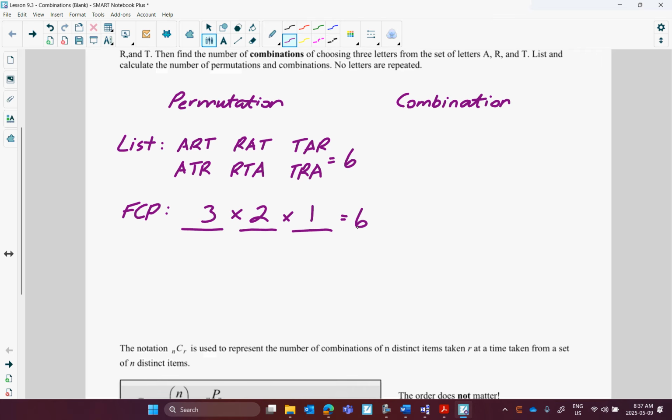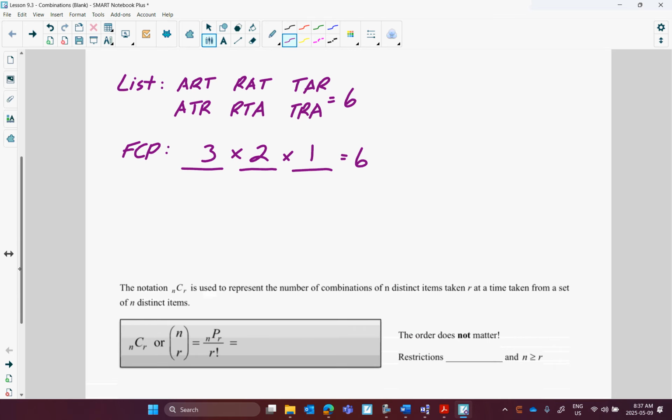Another way we talked about, though the fundamental counting principle is the one we used the most, is a formula. We would write it like this: how many ways can I arrange or make 3 words from 3 letters?